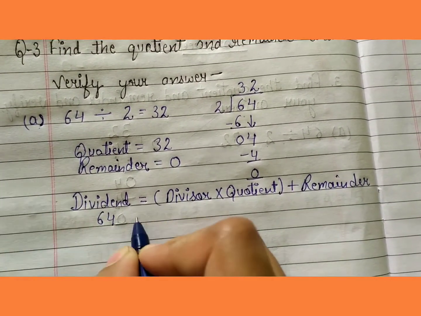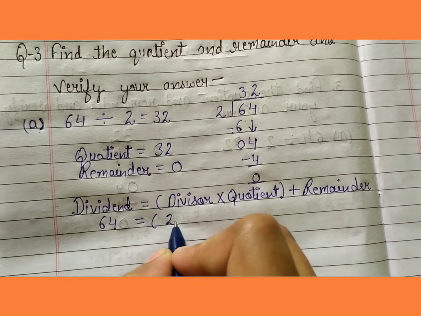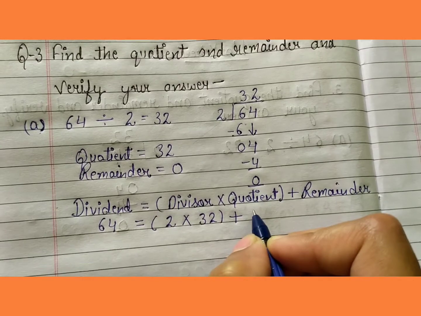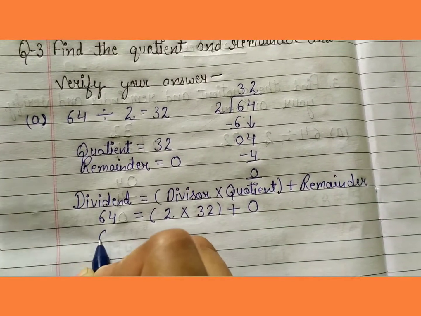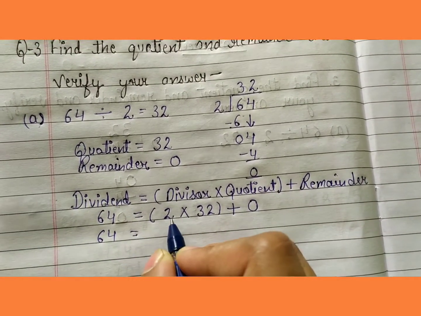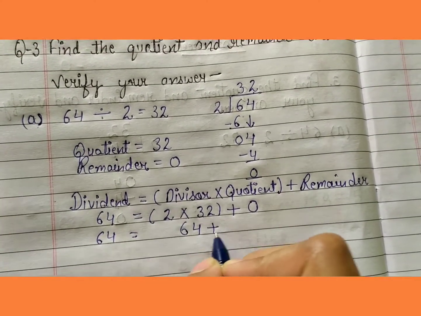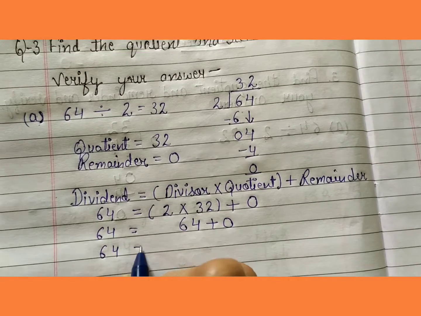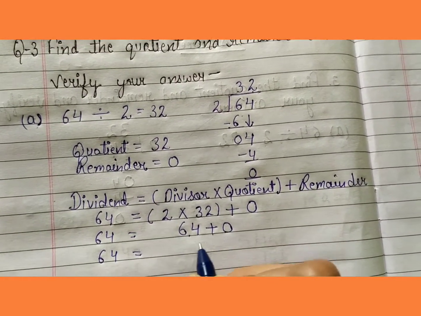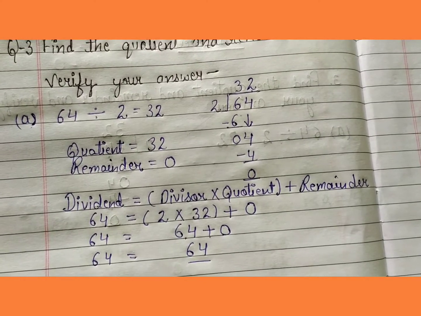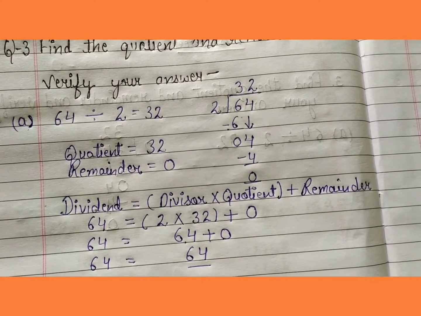Write 64. Divisor is 2. Multiply quotient is 32. Add remainder is 0. 64 equal to 2 multiply 32 equal to 64. Add 0. 64 equal to 64 add 0 equal to 64. Both are equal. It means your answer is correct. This is the verification.